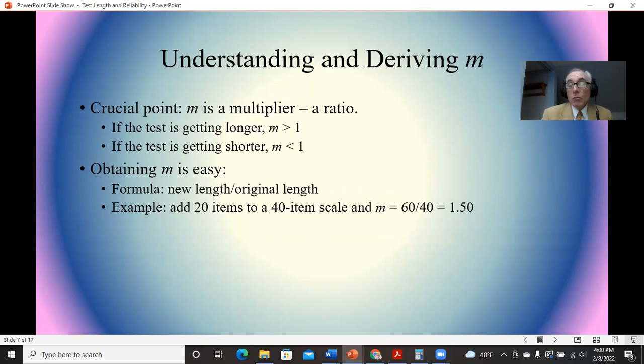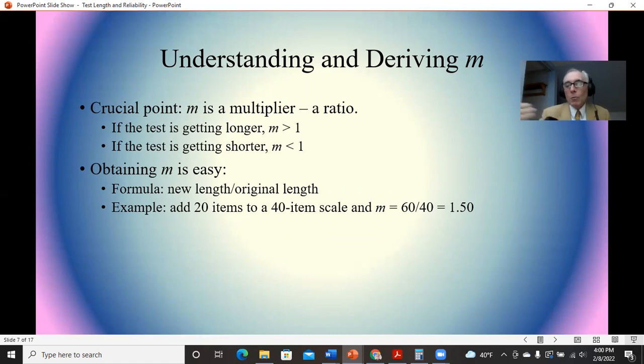Now getting it is actually quite easy. You just take the length of the test that you want to have at the end and divide it by the length of the test as it is now. So if it's going to be a 20 item add-on to a 40 item scale, well, it's 20 plus 40. The new test will be 60 items long. The old one was 40. So m is 1.5.